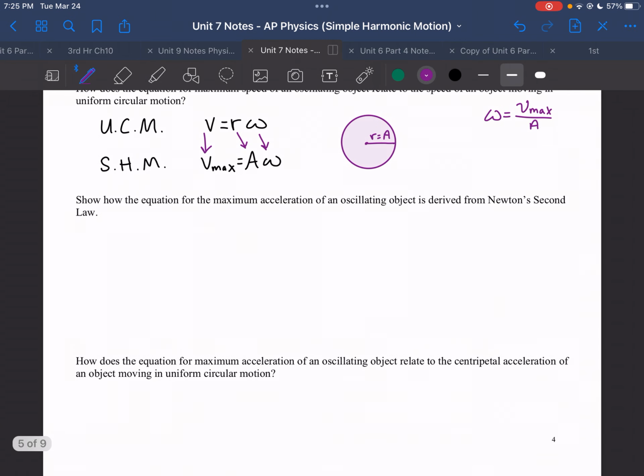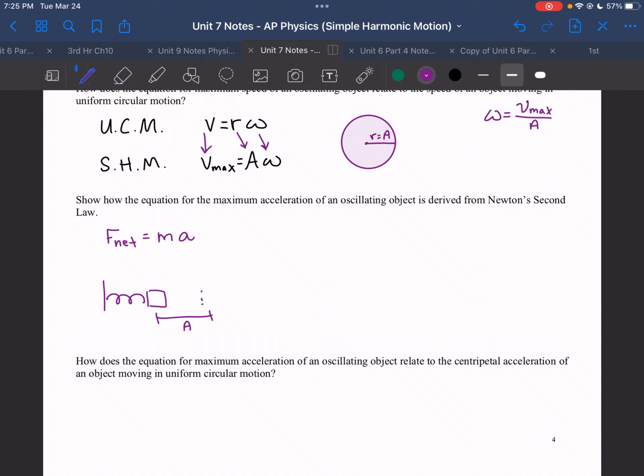All right, the next part here says show the equation for the maximum acceleration of an oscillating object as derived from Newton's second law. We know Newton's second law is good old F net. The net force is equal to mass times acceleration. When we have this oscillating object on a spring that can go some amplitude like this, the acceleration is at a maximum when the force is greatest.